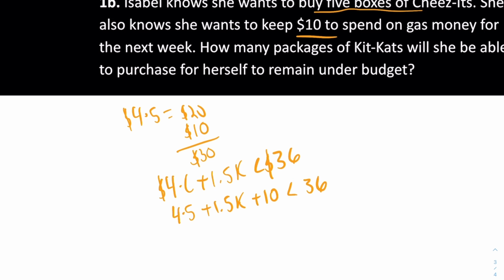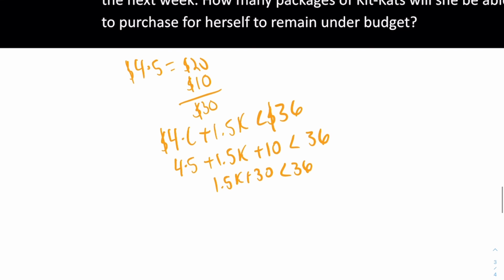So in total we have that 1.5k plus $30 on the left is less than $36. When we subtract the $30, we'll see that 1.5k is less than $6, and k is going to be less than or equal to, I guess I should change it to equal to for all of these.